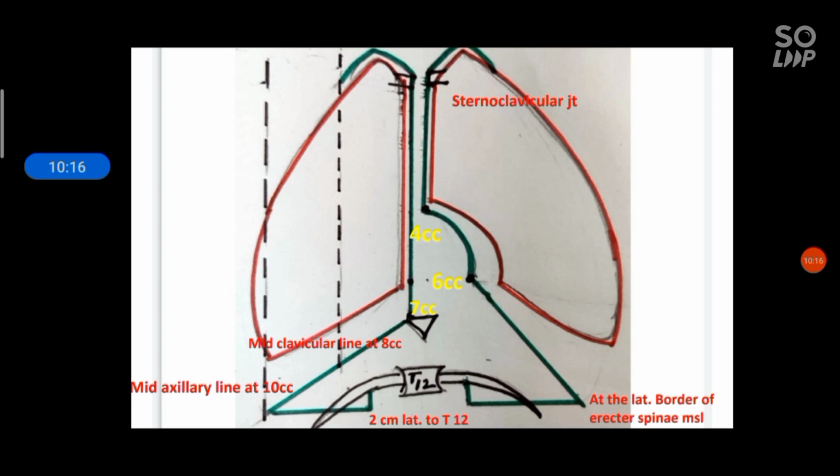So there is a two ribs difference between the lower margin of the lung and the lower margin of the pleura. This gap is about 5 centimeters in length, and this angle is known as the costodiaphragmatic recess. So it is a very important surface marking of the lung and pleura.